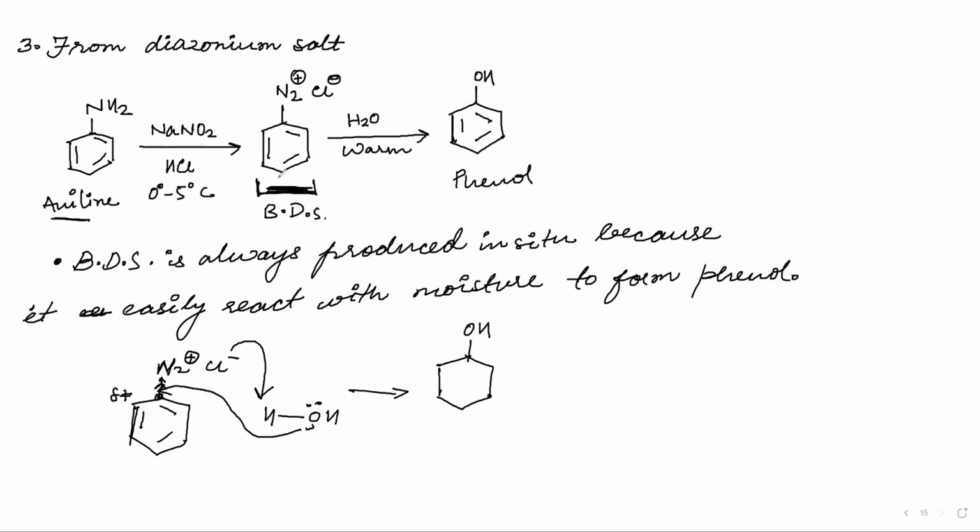Now, aniline to benzene diazonium salt, I will discuss in the chapter amines. In amines, we will discuss the preparation of benzene diazonium salt. Here you can see this reaction easily, I hope. Delta positive and delta negative, if you just do the signs.